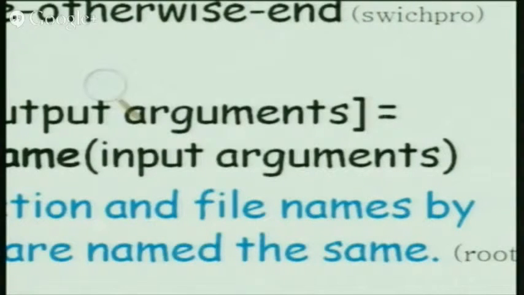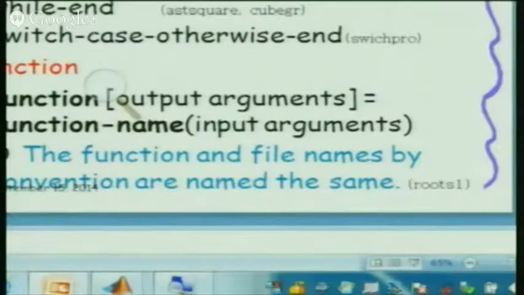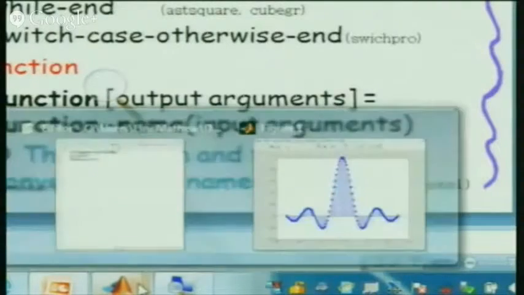If you are writing a function for finding the roots of a quadratic equation, the function name which you write there and the file name by which you save it should be the same. See, many a time the students make this mistake.